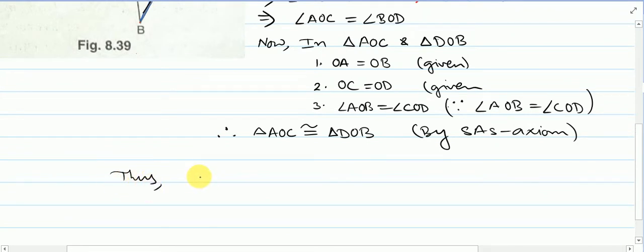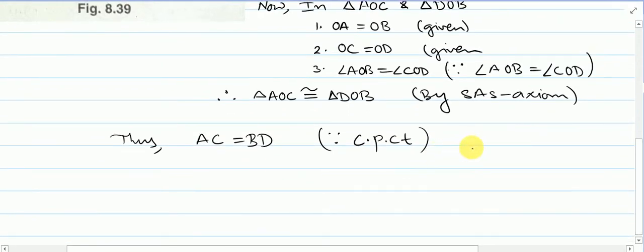Thus AC is equal to BD since corresponding parts of congruent triangles are congruent, CPCT. So this is proved.